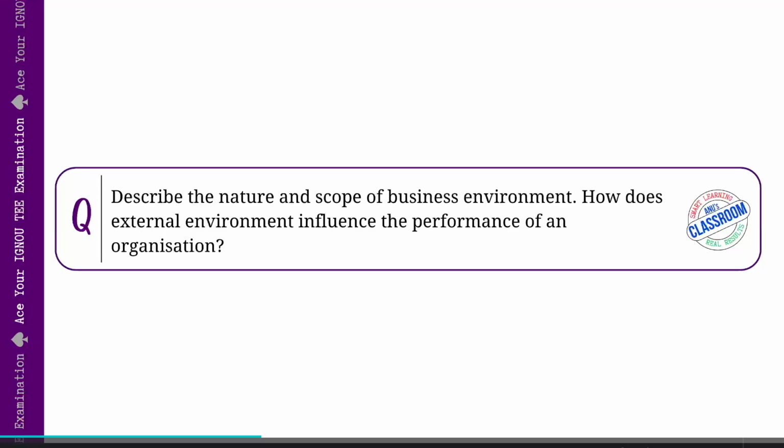The nature of the business environment is that it is never static, it is always dynamic, it keeps on evolving due to customer preferences, technology changes, or even global events. And its scope covers everything inside as well as outside your organization. What are the factors that are there inside? Inside the organization, also called the micro environment, you've got things like suppliers, employees, customers, and such.